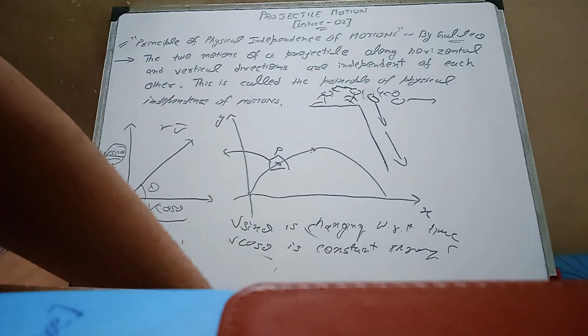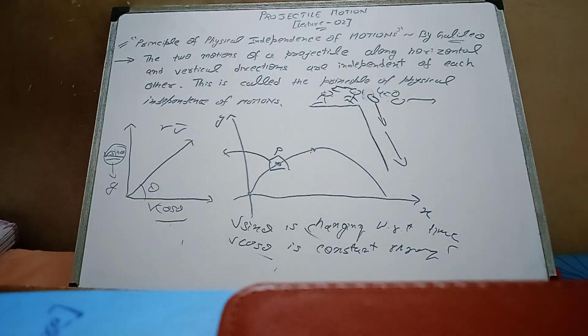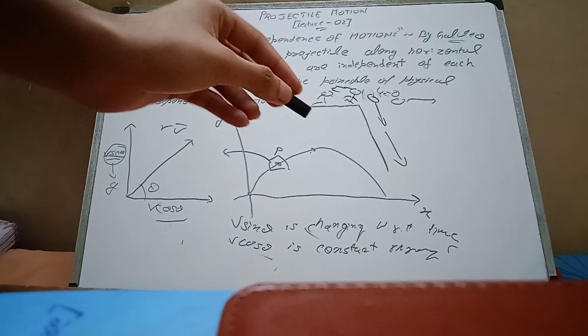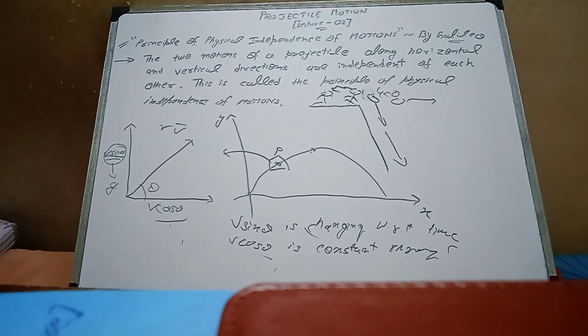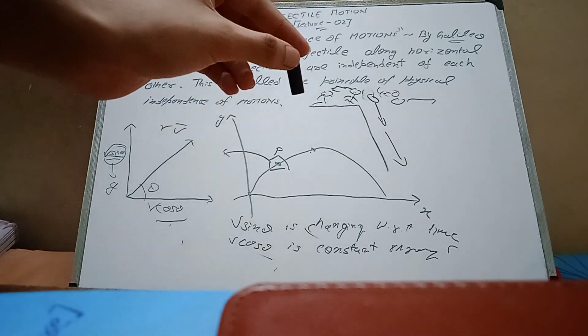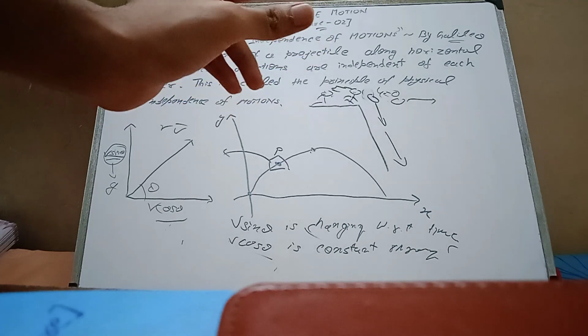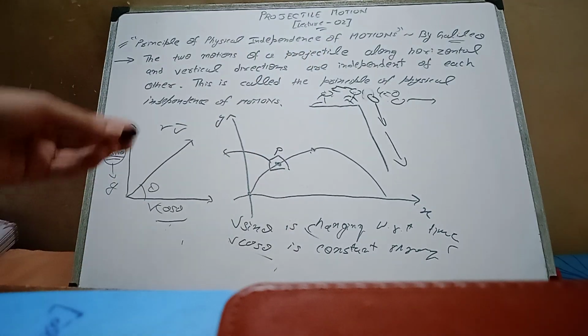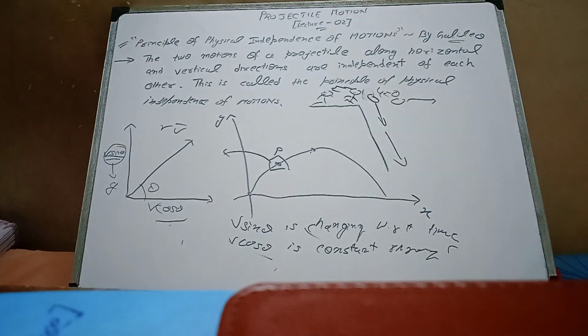Only the vertical velocity is 0 in the first case, and in the second case also the vertical velocity is 0. We only provide the horizontal velocity. So this means that both the cases are equal according to the statement.